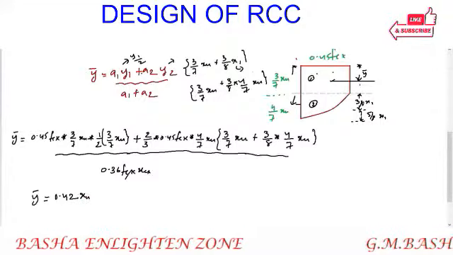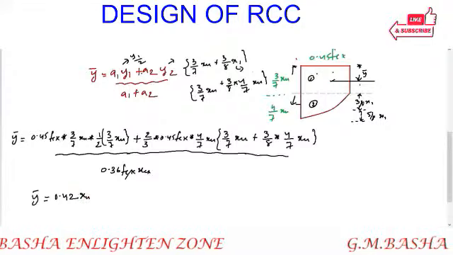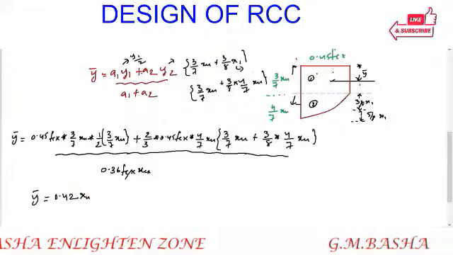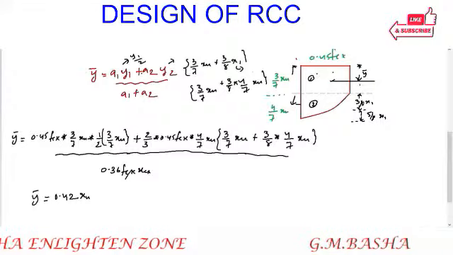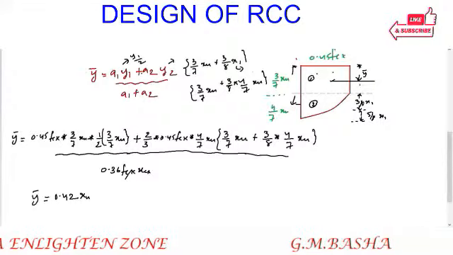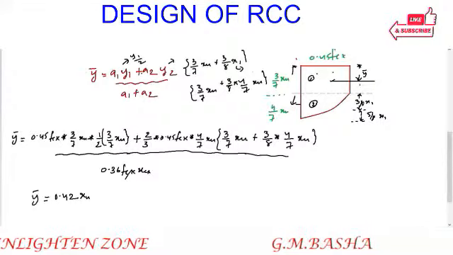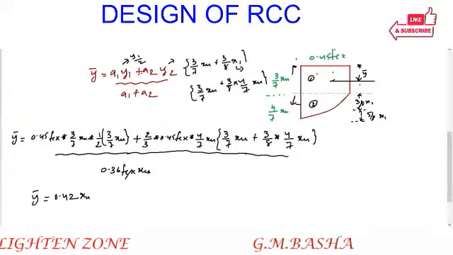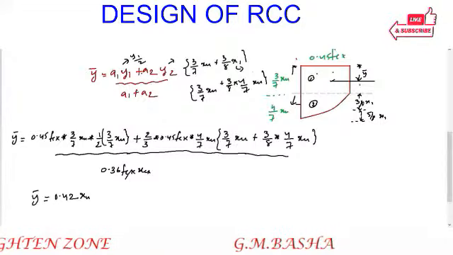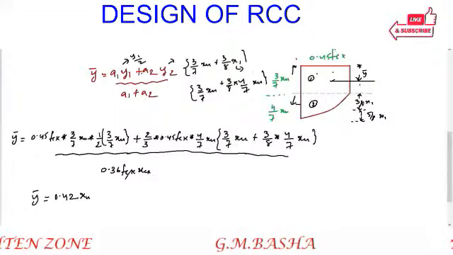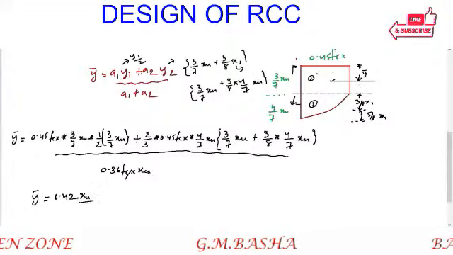If you observe here, fck will be common here and here, not xu. Xu will be xu into xu; it gets multiplied here also. If you take xu common in the first term and multiply again, you get the square, therefore one xu remains like this only. So fck will be cancelled.